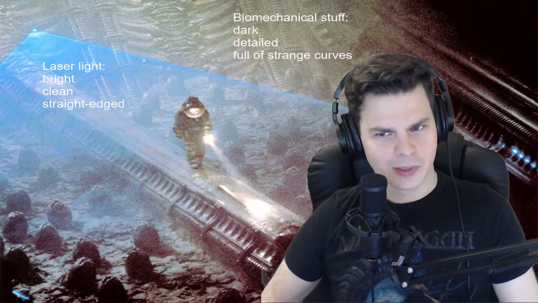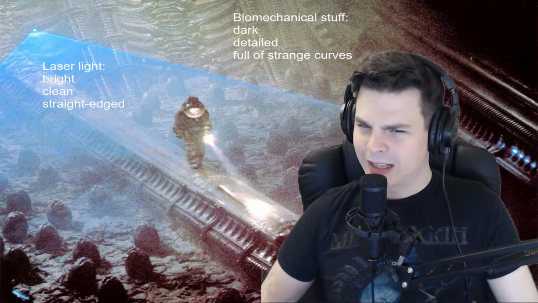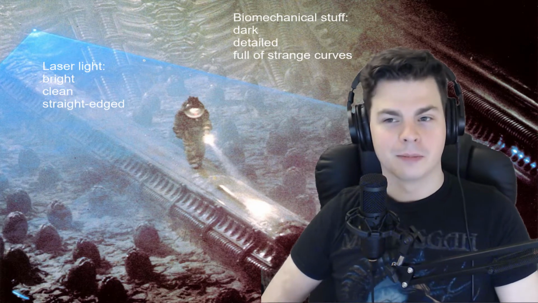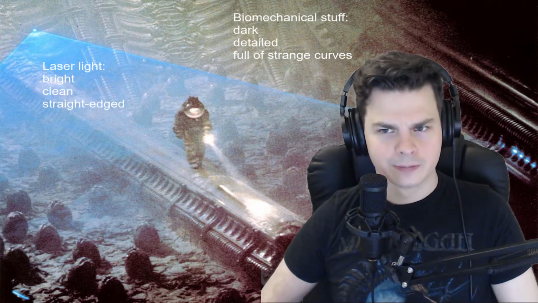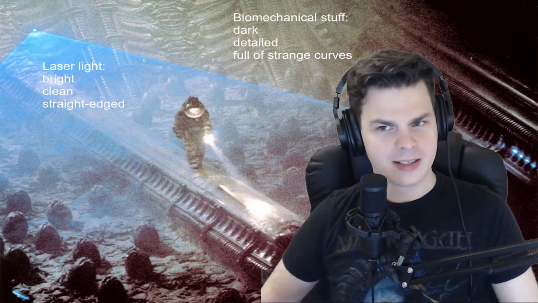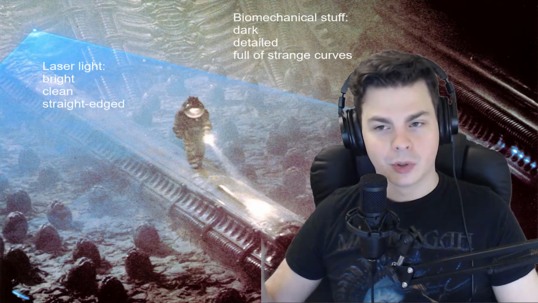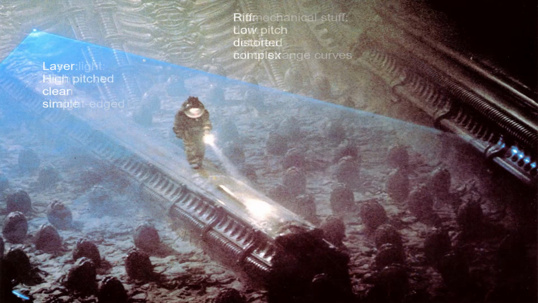And the contrast between these two elements is more than the sum of its parts, right? And I think this is a really good visual metaphor for that classic Meshuggah sound, where you have these complex, grinding guitar parts, and then also these siren notes cutting through it with simplicity.